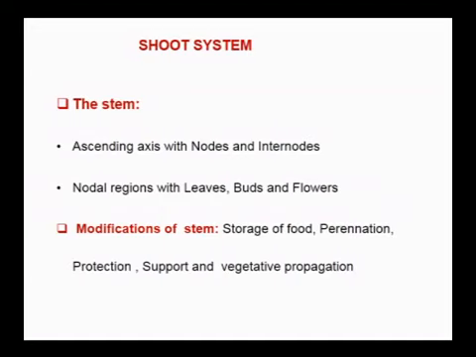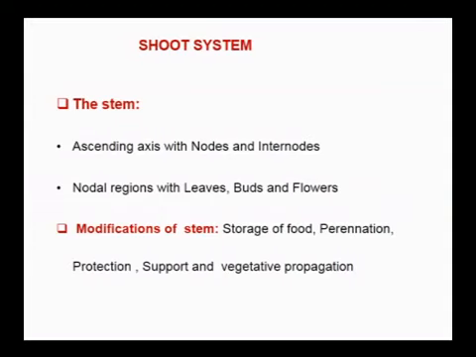Apart from that, the stems of various plants are modified to serve functions like storage, perennation, protection, support and vegetative propagation. Let us come to the stem which is modified for storage of food. The stem is underground mainly to store food, helps in perennation, and when the time permits, helps in propagation.